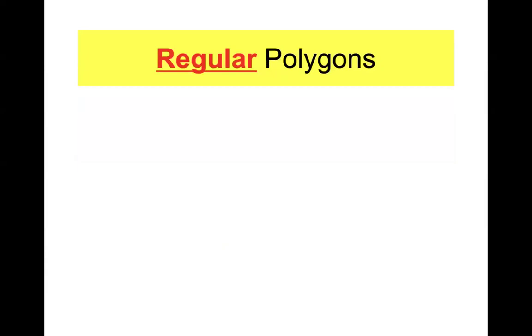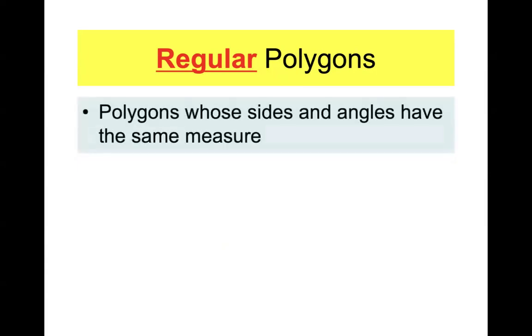Today, we're going to be specifically talking about regular polygons. Now, we've talked about these before, but a regular polygon is a polygon where the sides have the same measurement and the angles have the same measurement. For instance, a square is an example of a regular polygon. All the sides have the same measurement and all the angles are 90. Now, what I don't want you to confuse is we're not saying the sides equal the angles or vice versa.